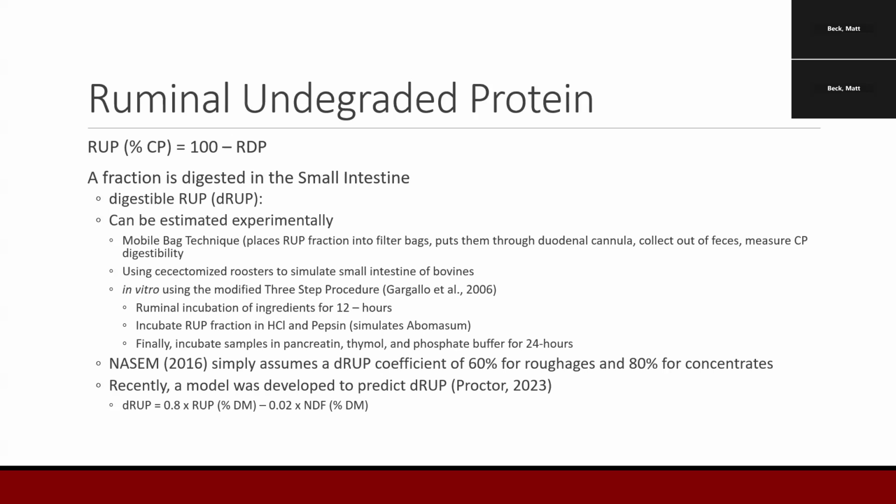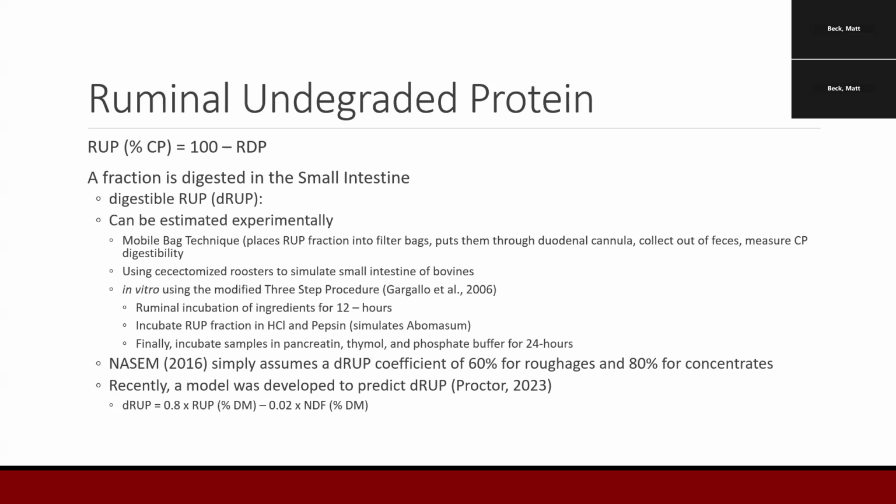Okay. Then there's an in vitro step that I've done. It's called a 3-step procedure. Step 1, you incubate samples just like you would in situ in the rumen, for about 12 to 16 hours. Then you take that out and do an HCl and pepsin digestion in the lab.